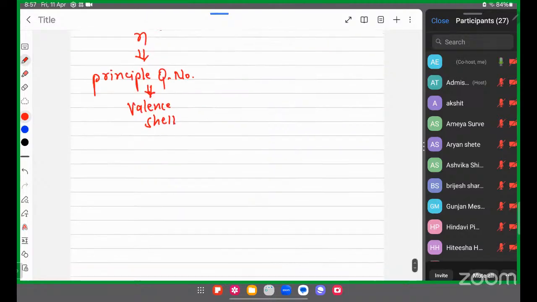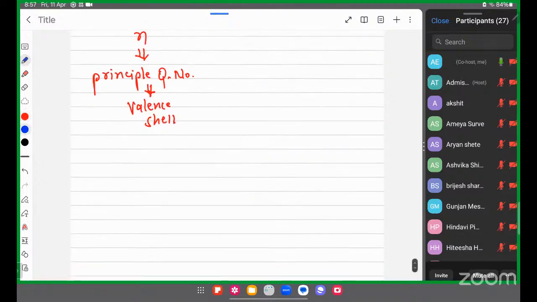If you are looking for the group number, there is a different method for each block.